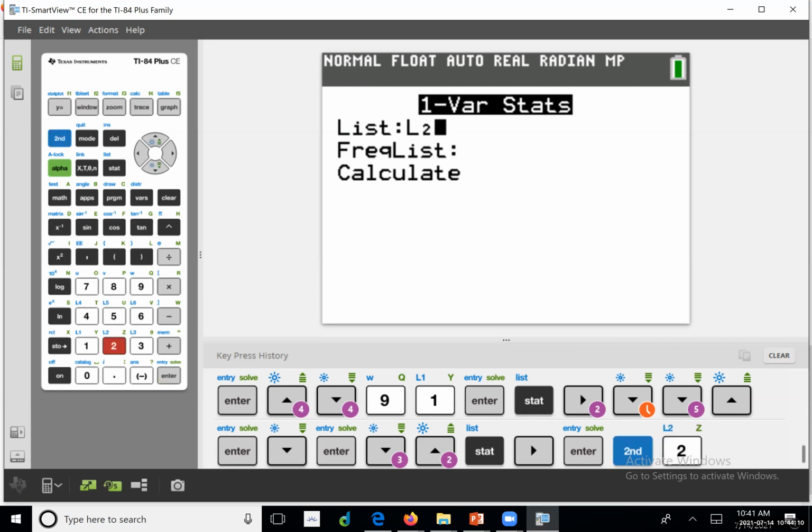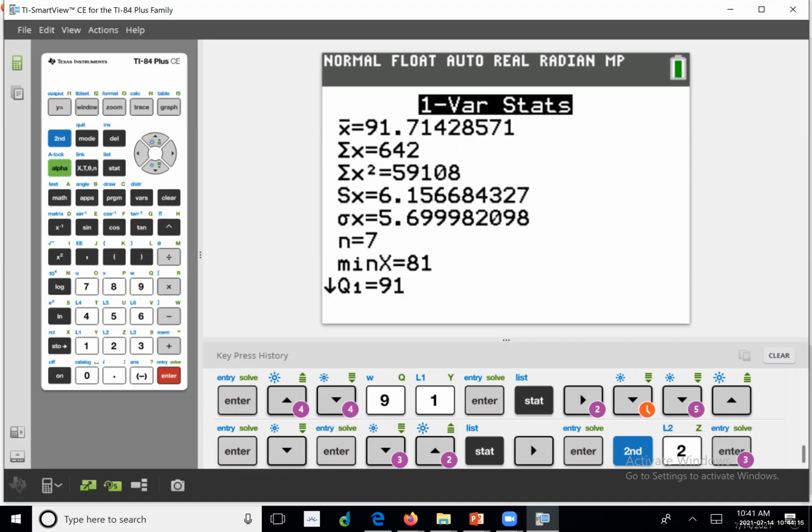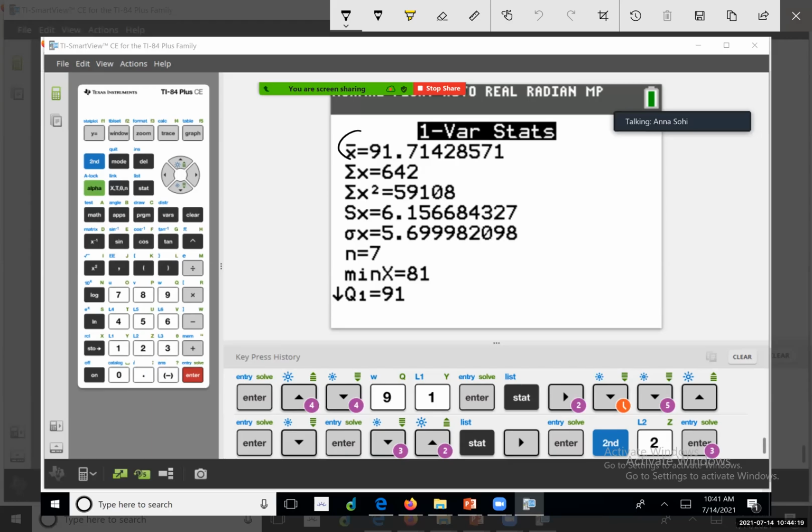Put it as L2 because you want to find the average of L2. That's about 92. So do you see the average here? That's about 92. That's the average. So the best prediction would be 92, and that was in minutes.